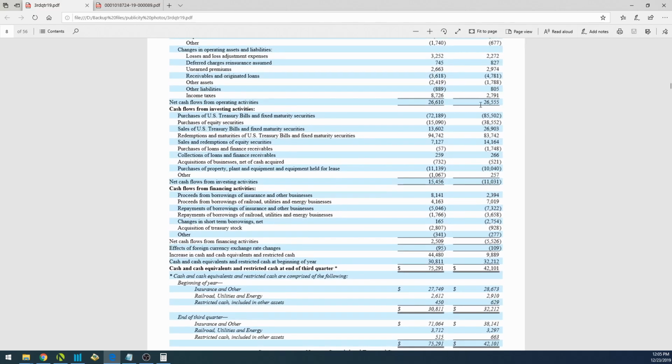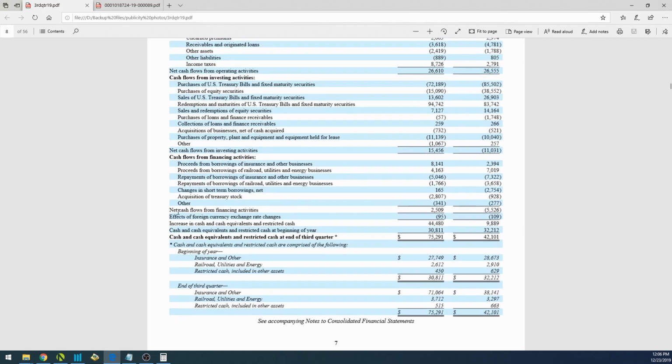So if you add up these three, for example, the net cash flow from operating, you add it together with net cash flow from investing activities, and you add up the net cash flow from financing activities, you will get your total increase in cash flow.